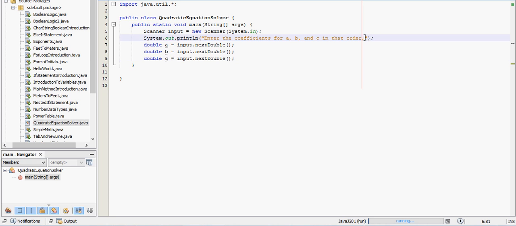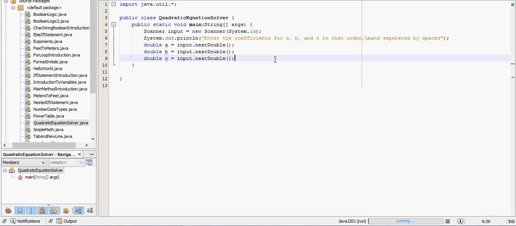And let's tell them to separate by space. No, by spaces. Okay.